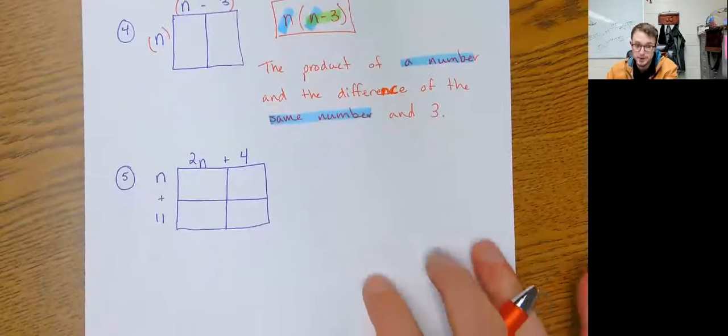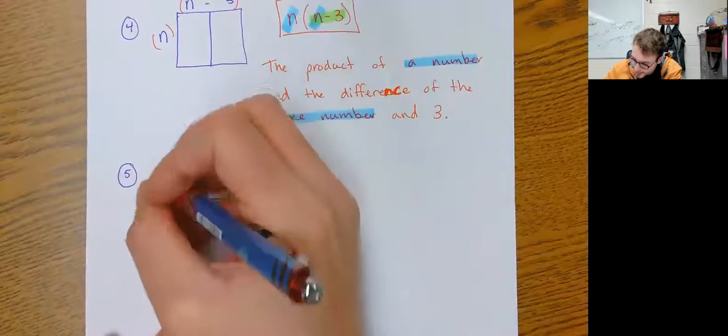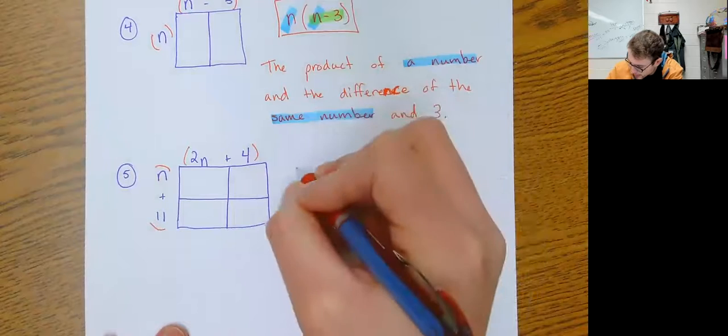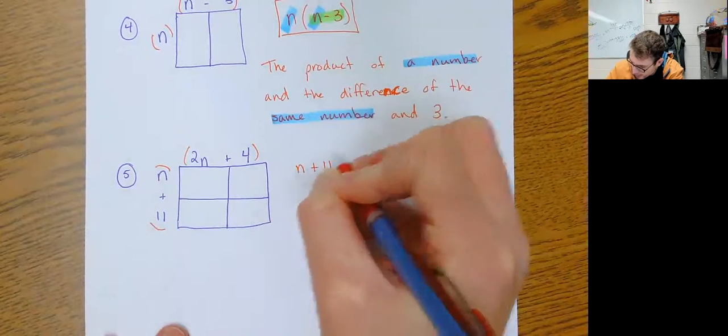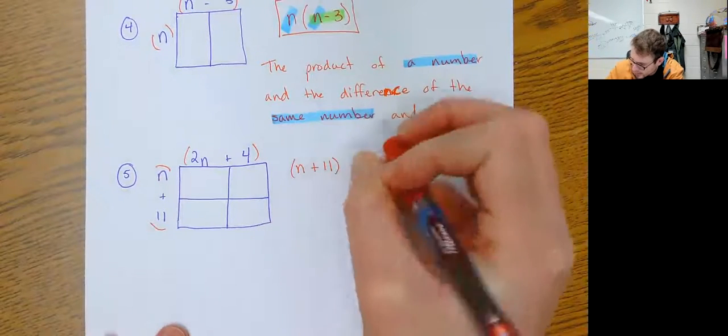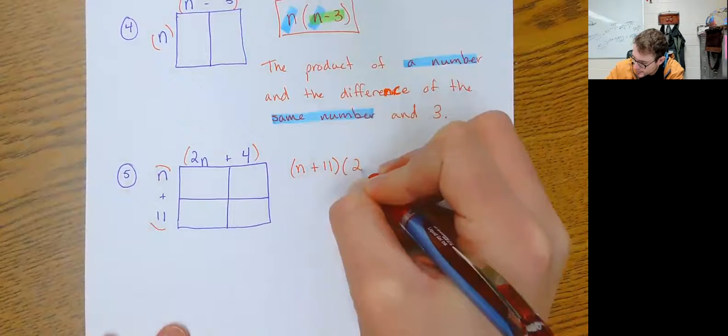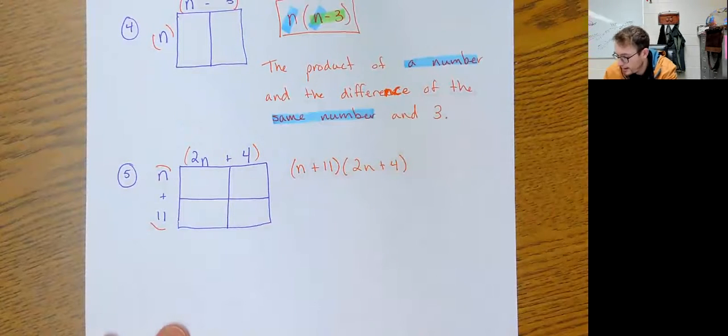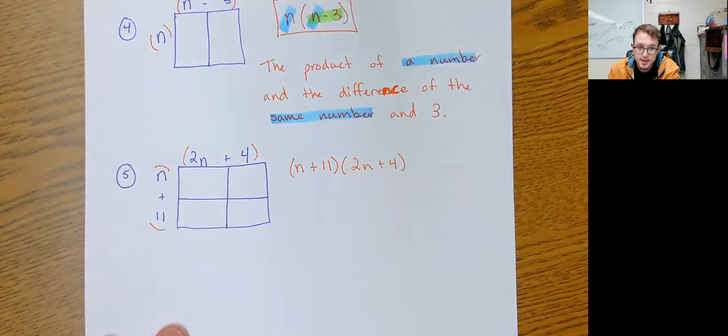All right, let's try and do another one. It's the last one. We got this whole thing times this whole thing. So we would get n plus 11 times 2n plus 4. Now this would be just plain old ridiculous. If I was to phrase this, it would just be quite ridiculous.